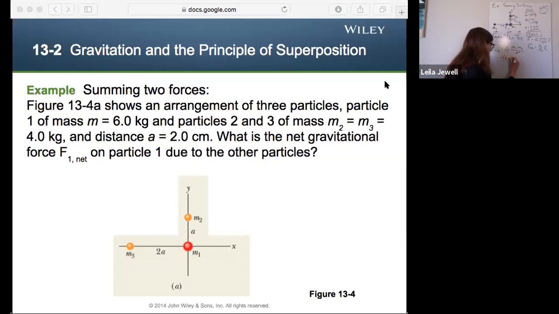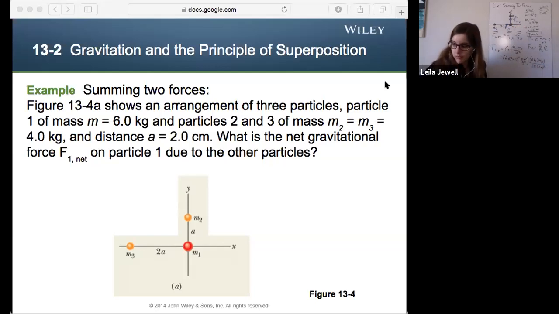So 6.67, and please do include that 7, because it can make a big difference here, times 10 to the minus 11 newtons meter squared per kilogram squared, times mass 1 which is 6 kilograms, times mass 2 which is 4 kilograms, and then divided by, I went ahead and wrote my 2 centimeters in meters as 0.02, because I don't want to get off by factors of 10. I'm going to divide by 0.02 meters squared.